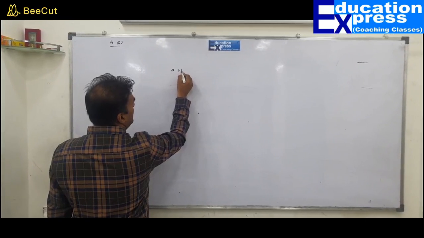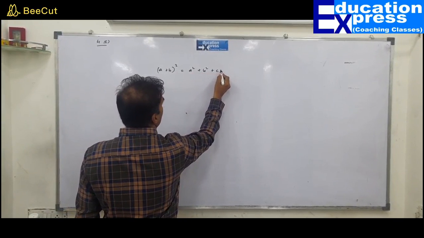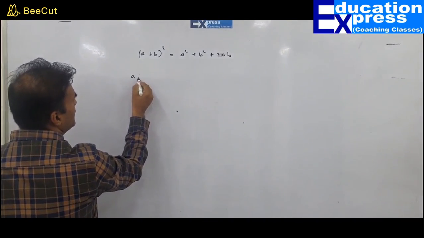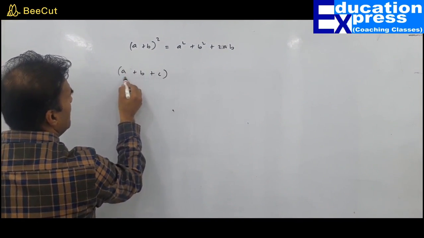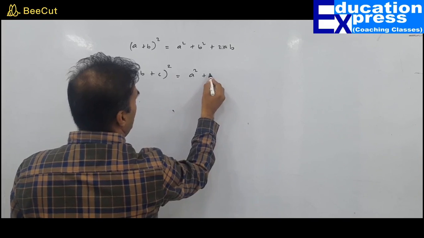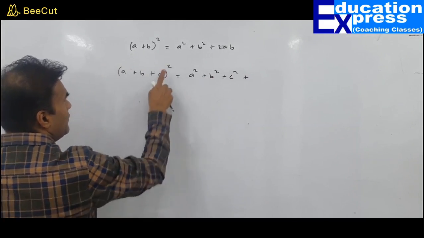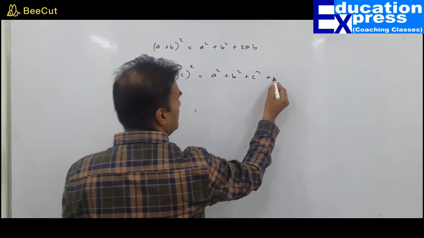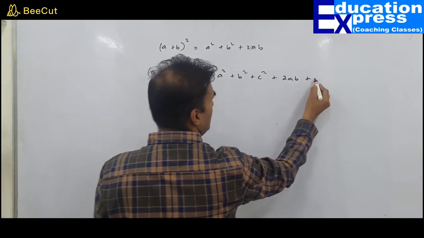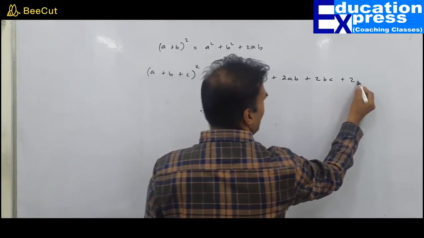As we know, a plus b whole square equals a square plus b square plus 2ab. In the same way, in case we have 3 terms, a plus b plus c the whole square, this can be expanded as a square plus b square plus c square plus 2 into a into b plus 2 into b into c plus 2 into a into c.